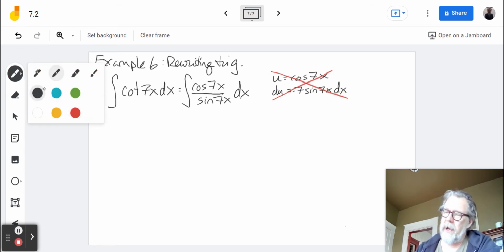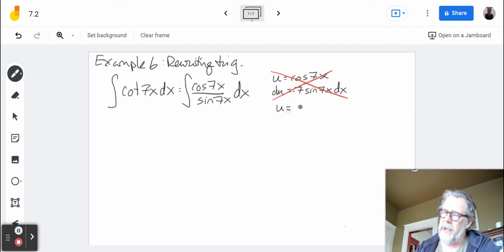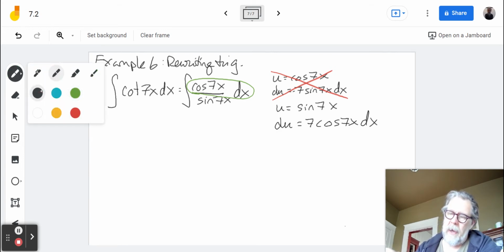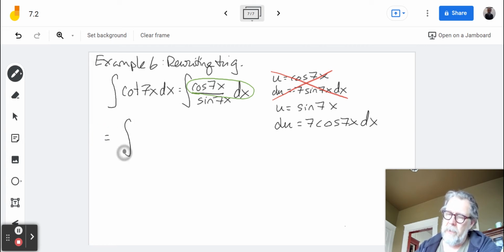And our other possibility is that u is equal to sine of 7x, giving us a differential du of 7 times the cosine of 7x dx. And what I now see is that, in fact, I have a cosine of 7x dx right there in my equation, which means that my equation now becomes, well, I need to put a 7 in front of it.